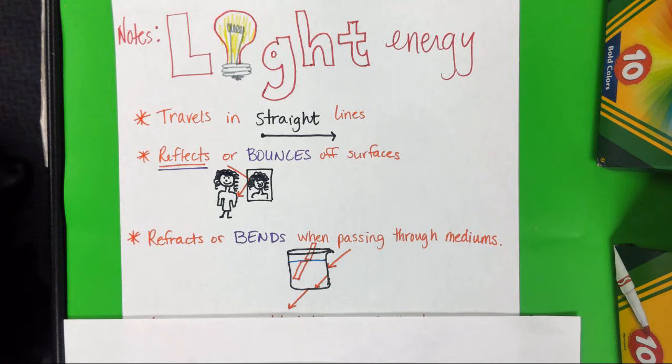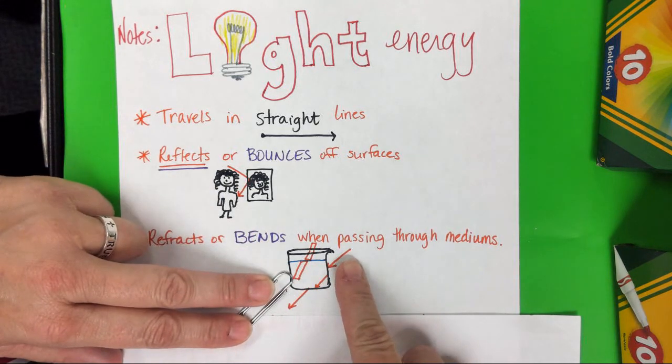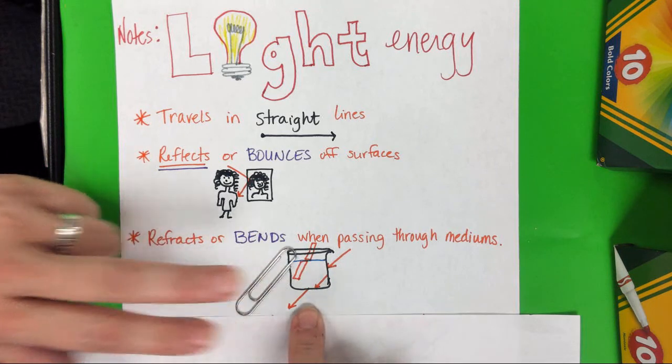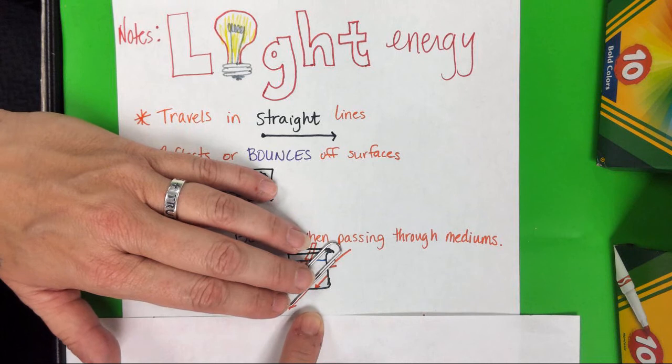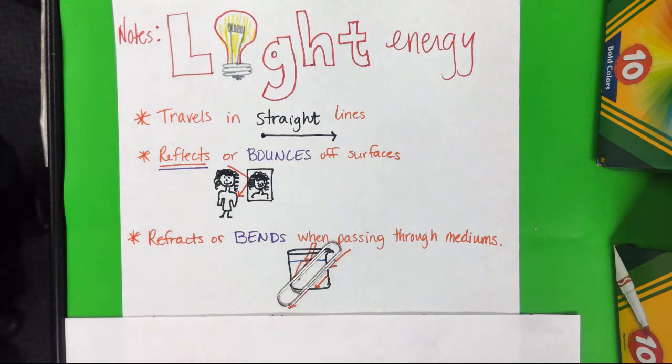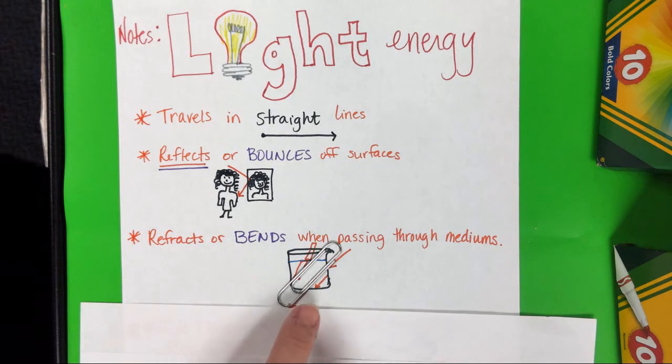Now, one of the things I want you to notice on this beaker that I drew is this light is on the outside of the beaker, right? What do you notice about those two lines? They're straight and even, right? So what about this beam of light?